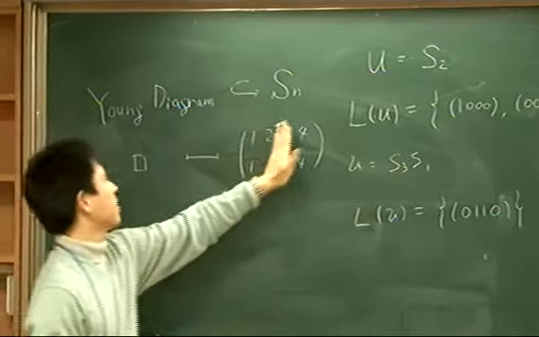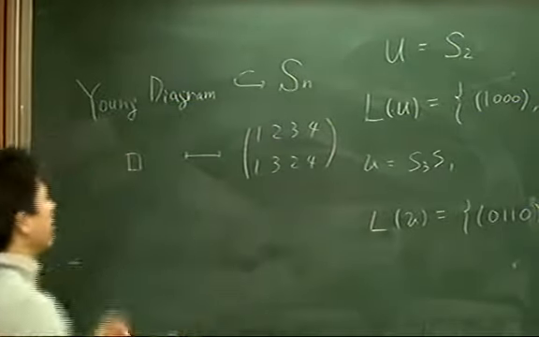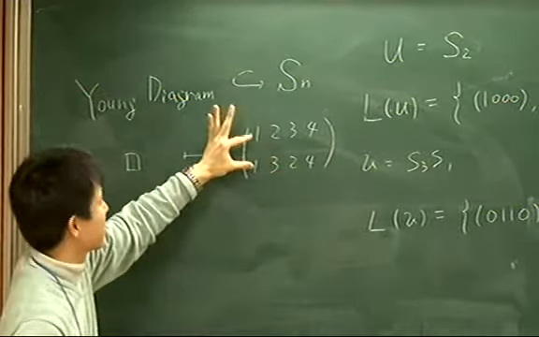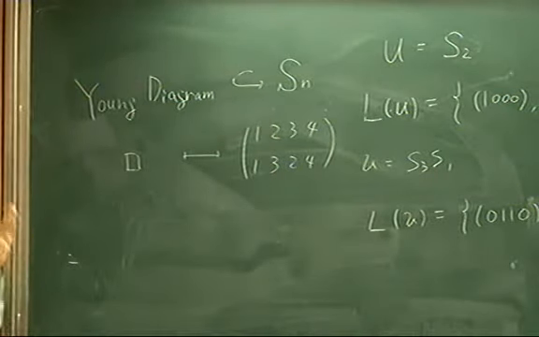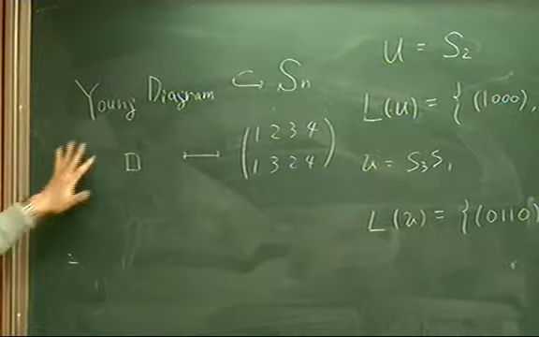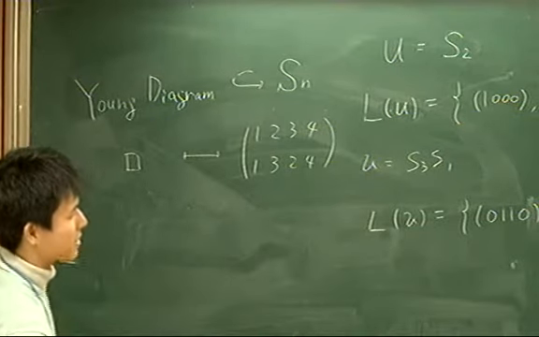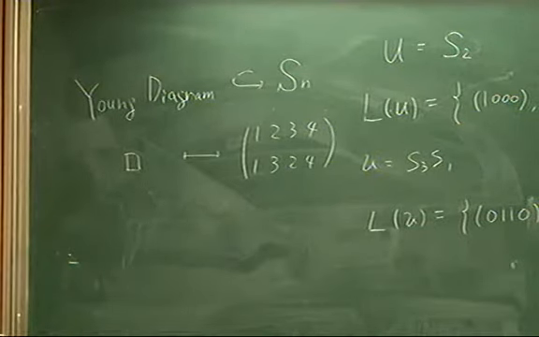The number of boxes corresponds to the distance between the upper and lower numbers. But this correspondence is very well known. You can find it anywhere. So please let me go further.